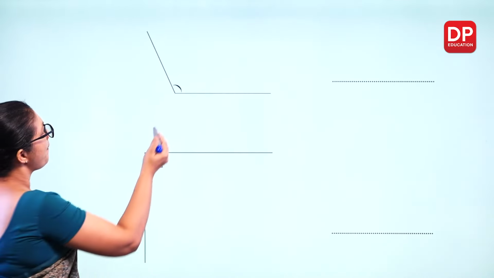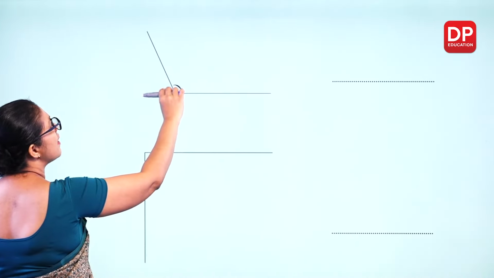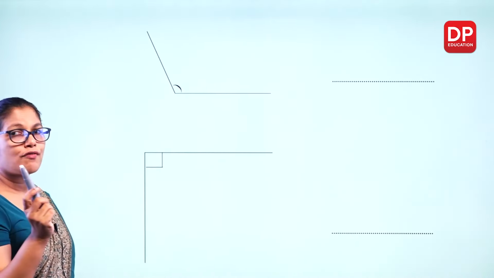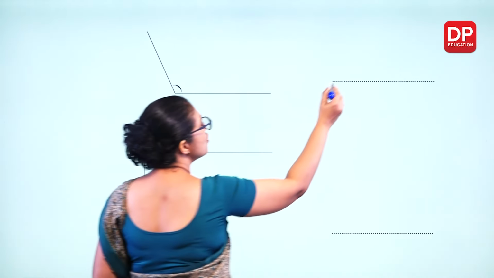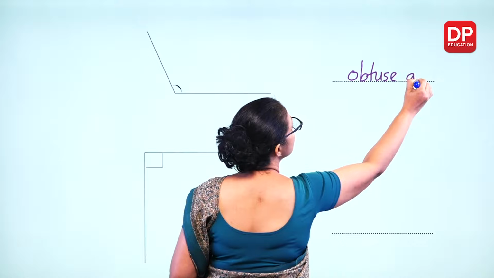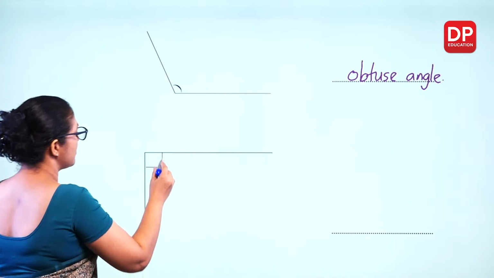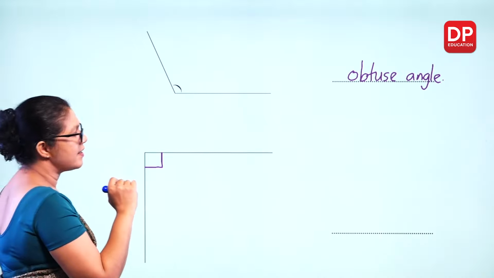This one is larger than a right angle but smaller than half of a circle. Obtuse angle. This one, this is a right angle.